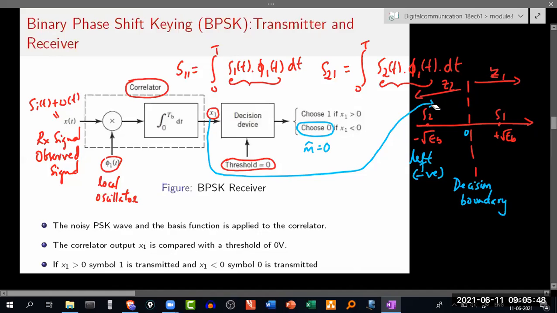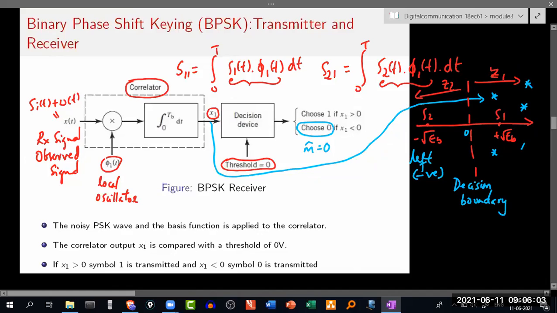And if at all this x1 is having some positive value, let's say it is no longer a negative value, it's a positive value, and it's falling in the Z1 region, it can fall anywhere over here. Remember this. Only thing is it is positive, or greater than 0, because the threshold value is 0.